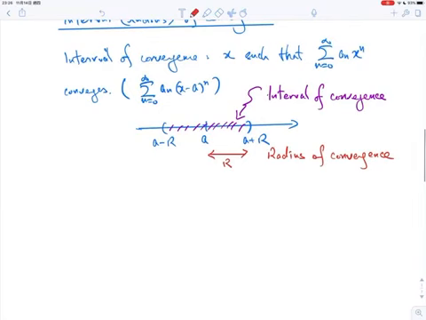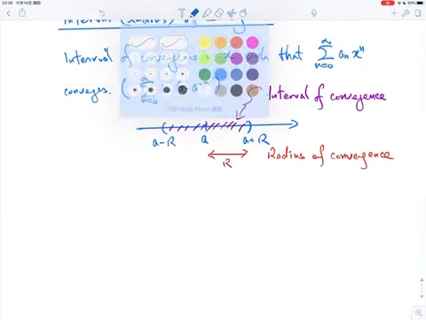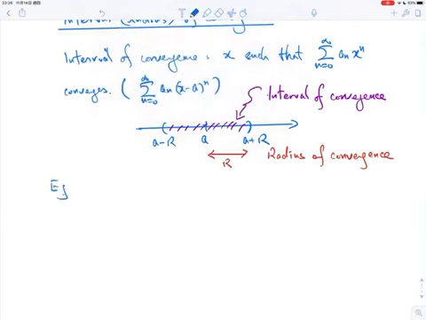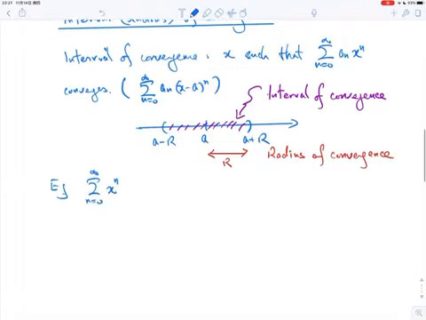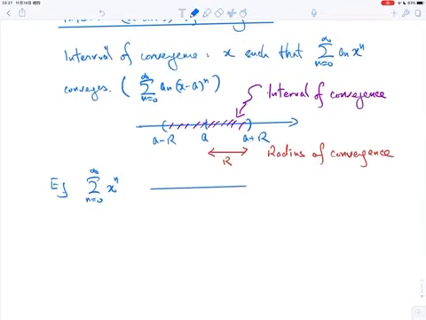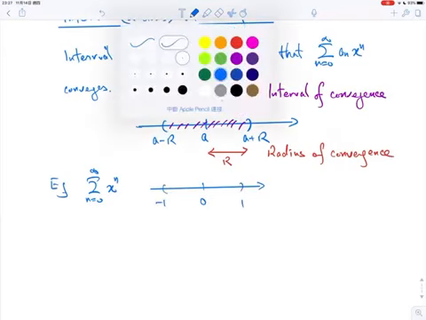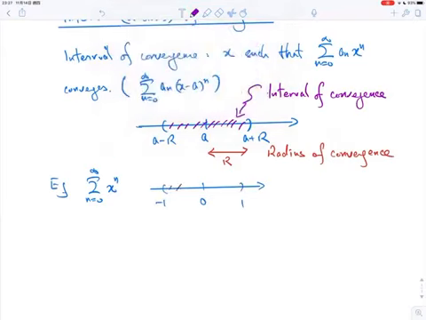Okay, so if we recall our earlier example, that geometric series, then the interval of convergence would be between minus 1 to 1. So this is going to be your interval of convergence.